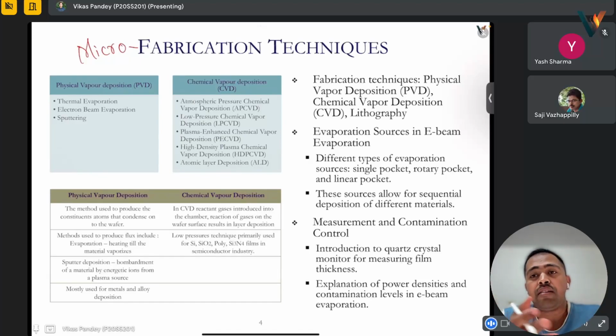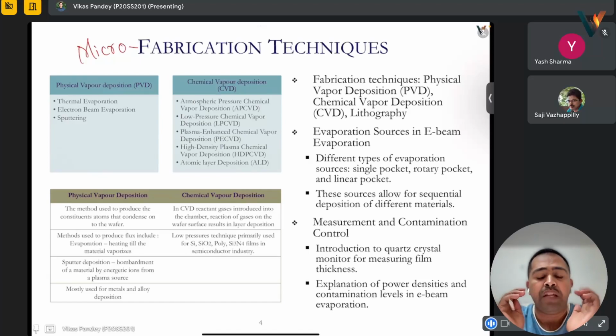In fact, a single microfabrication technique can yield a PhD. If someone is interested in it, there are different lectures and different courses on it. But let's make a brief of it and understand it.